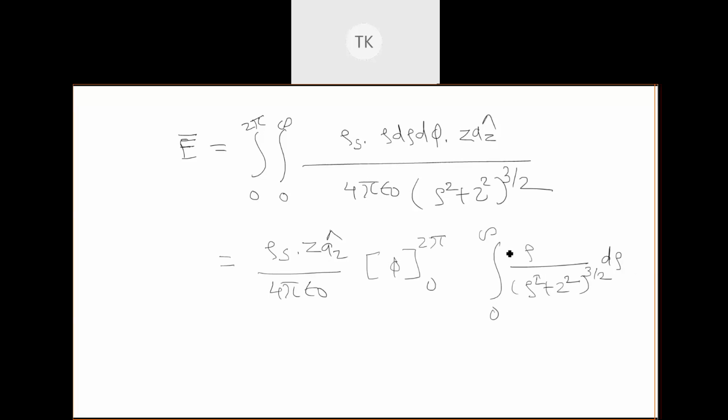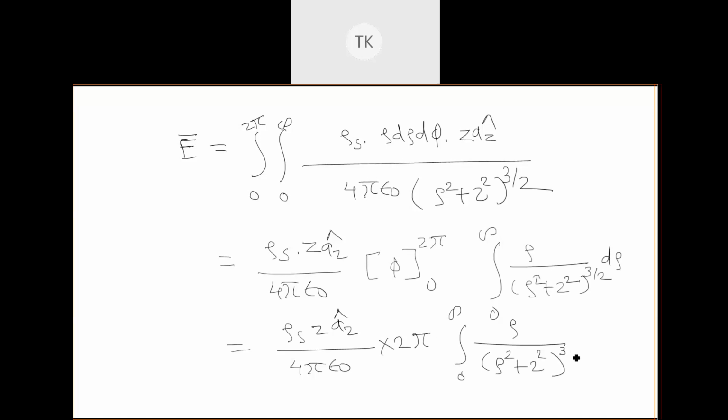So we solve the first integration: rho_s z a_z cap divided by 4 pi epsilon 0 into (2 pi minus 0), and the remaining part is the integral from 0 to infinity of rho divided by (rho square plus z square) raised to 3 by 2 d rho. Okay, so pi gets cancelled with 2.